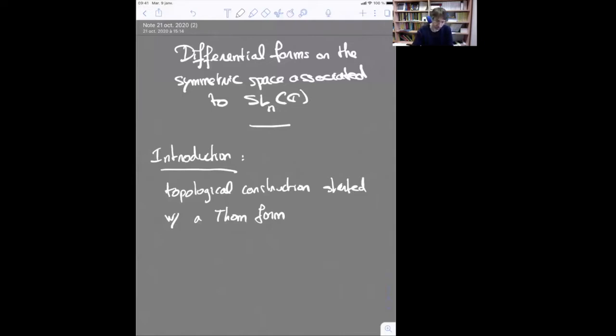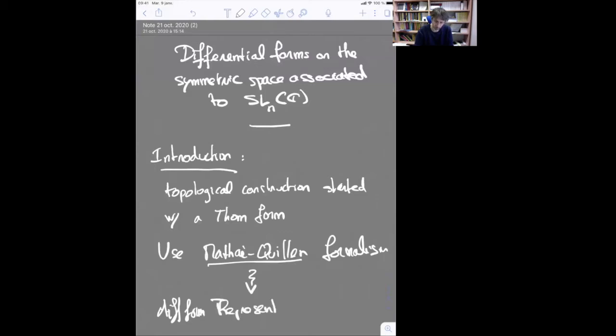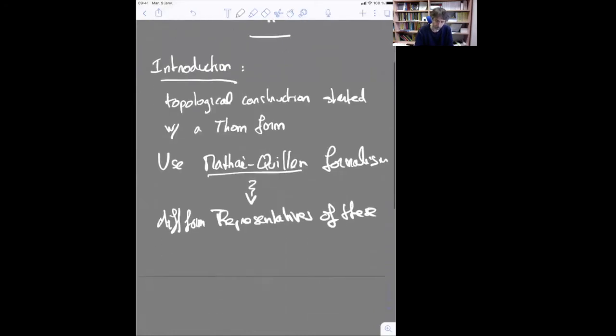So we will use the so-called Mathai-Quillen formalism to build a differential form representative of this Thom form.